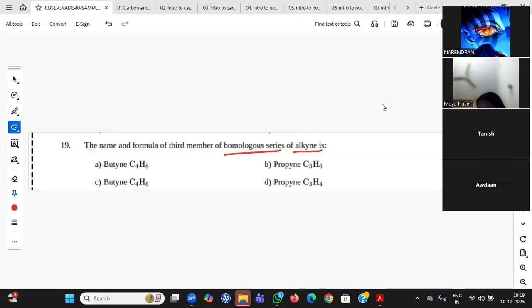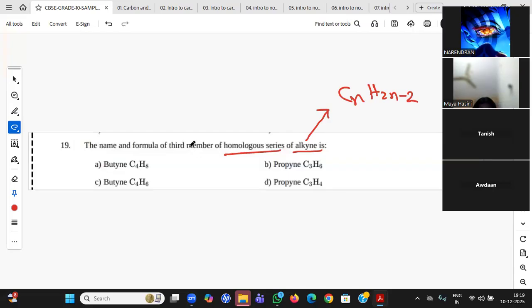Why did you choose that option? Narendran and Avdan? No. Megha, right answer. Tanish, right answer. Methane can't form a triple bond. Student, what is the general formula? CnH2n minus 2, right? Alkyne.